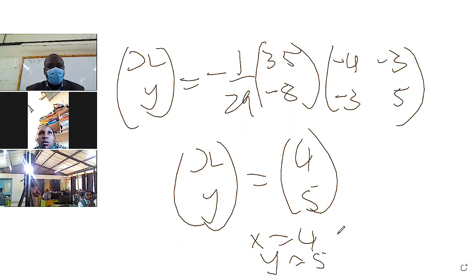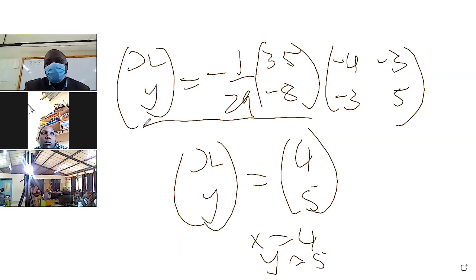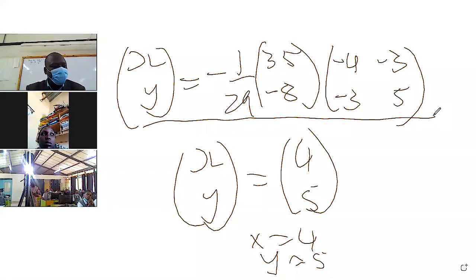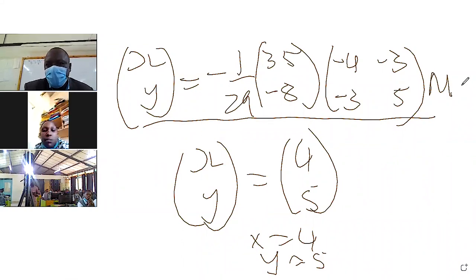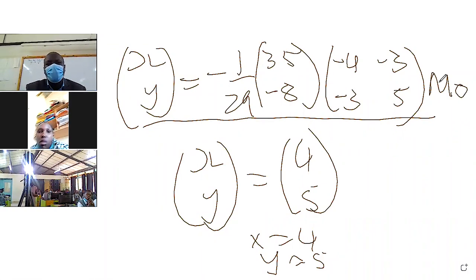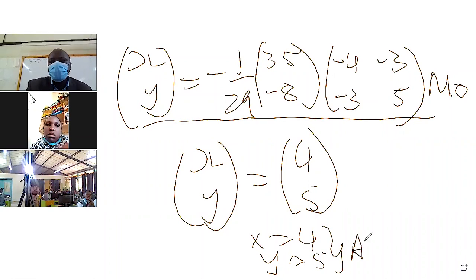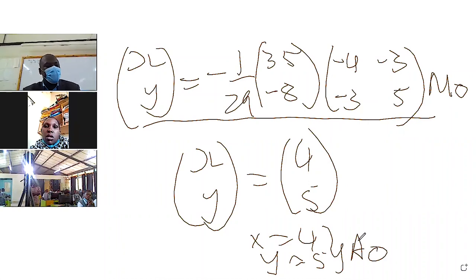The answers are correct. But the step for the second mark, the correct mathematical expression for getting x, y, is wrong because of the order of the matrices. So even if the answer is correct, that will not earn the method mark because that is not correct mathematics. And since we've got that, you'll also score the accuracy as 0. So the method mark and the accuracy mark are tied.